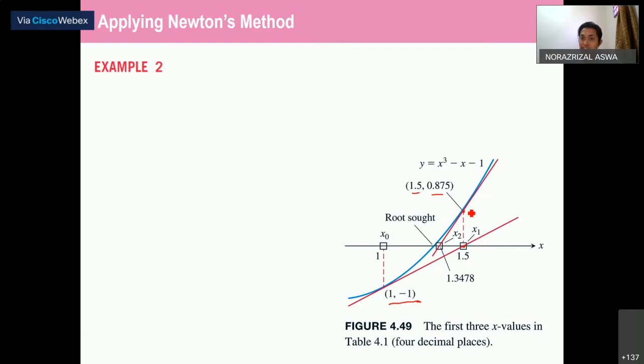Then you construct the tangent line equation, and find another point here, our third guess x2. In this case 1.3478, and then you can go on forever. This graphical illustration is to decimal places.